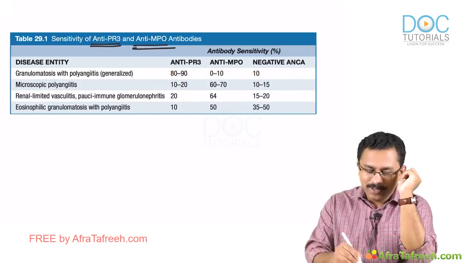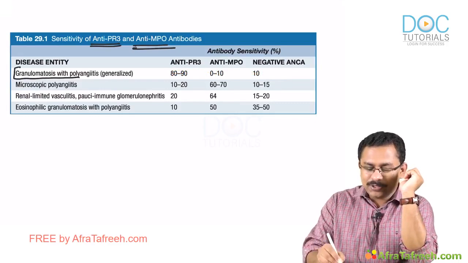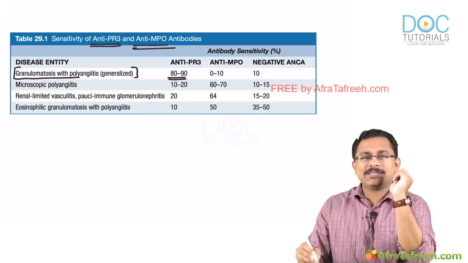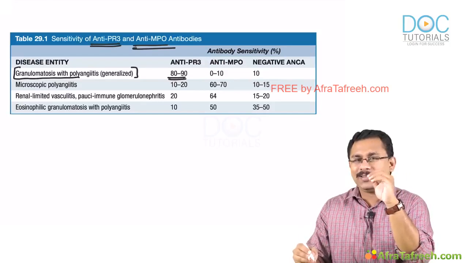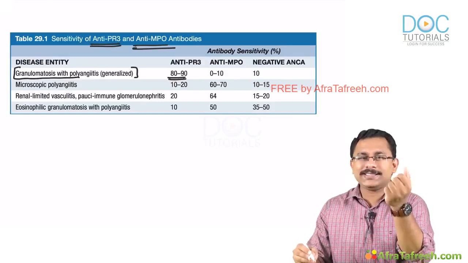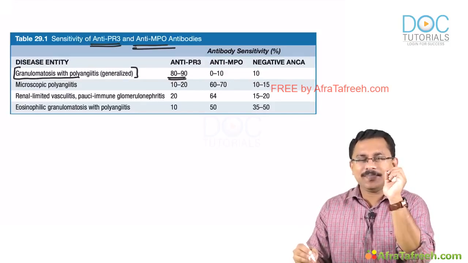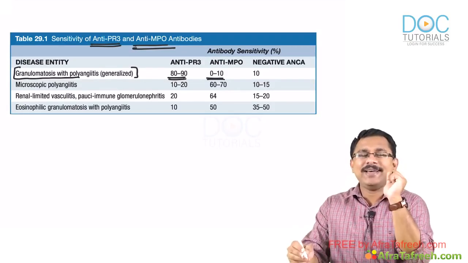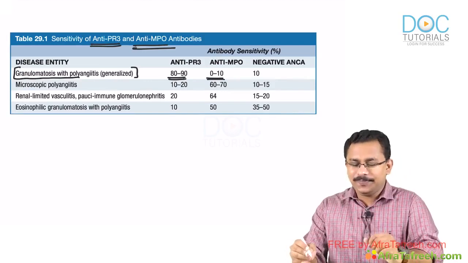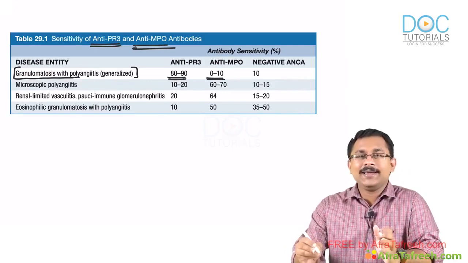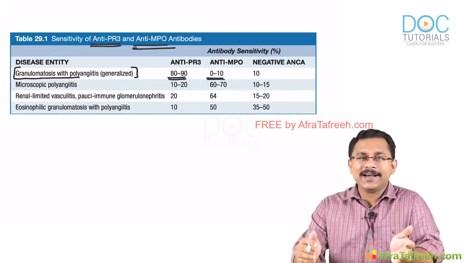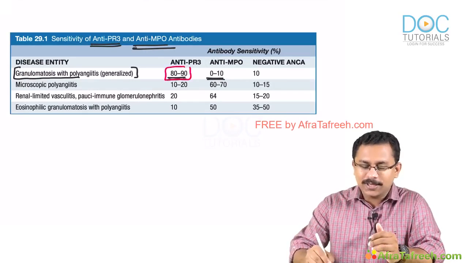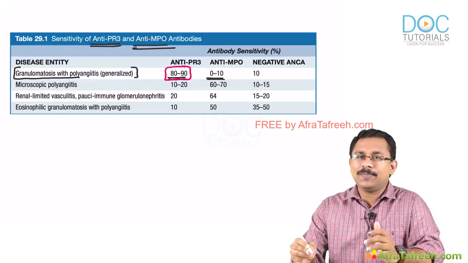For example, if you take GPA, which is your Wegener's granulomatosis, around 80 to 90% will be having anti-PR3, that is antibodies against the proteinase 3, which is your C-ANCA. But around 10% cases may also have anti-myeloperoxidase antibody. But when you say predominantly what is the ANCA antibody in Wegener's granulomatosis, your answer is going to be a C-ANCA or an anti-PR3.